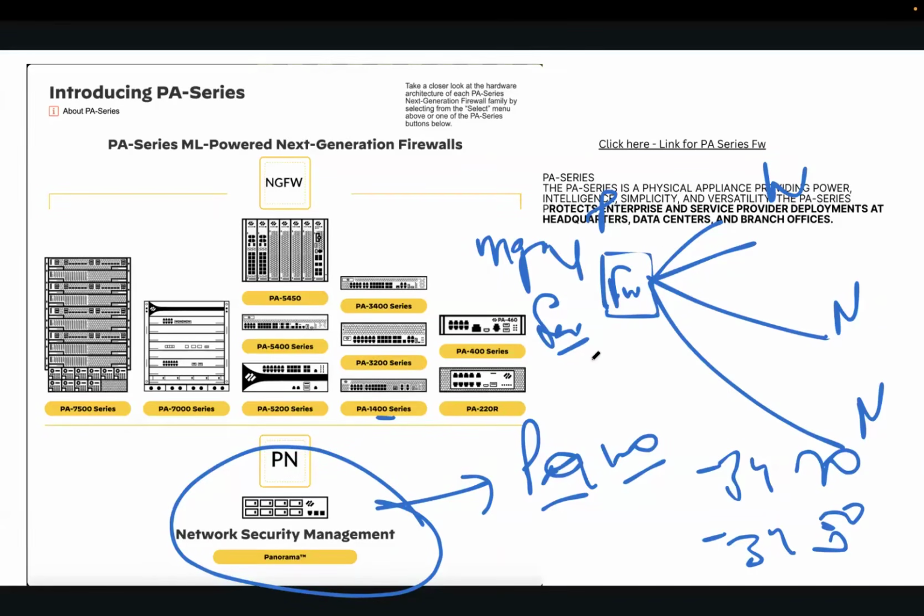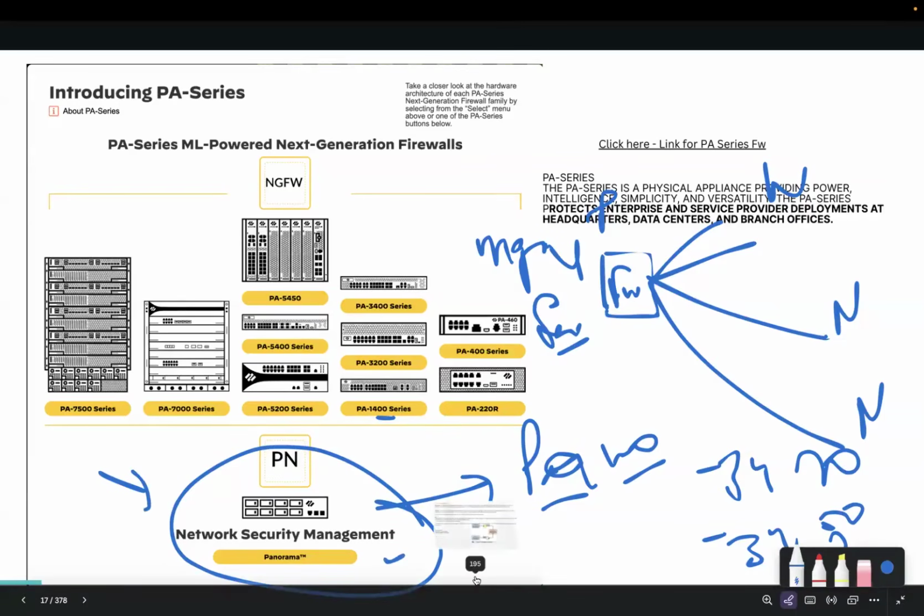Look-wise, everything is the same; it is just that the purpose is to manage all other firewalls. It's similar to FMC in Cisco, FortiManager in Fortinet, and Gaia in Checkpoint. It's the same thing as a management server that we use as Panorama.